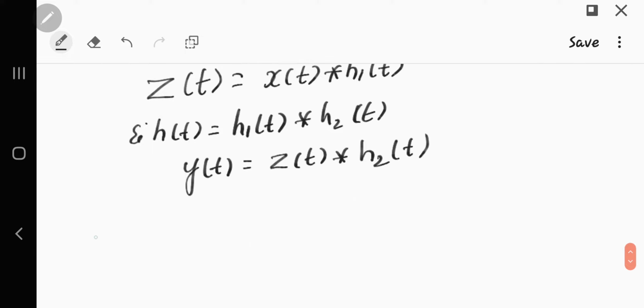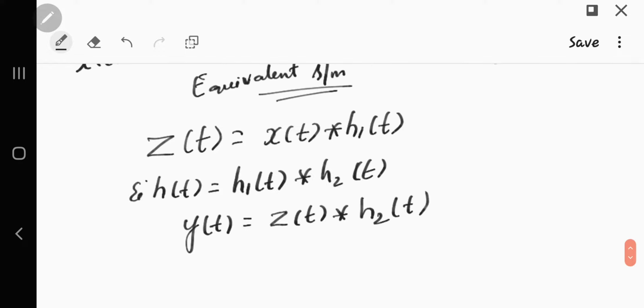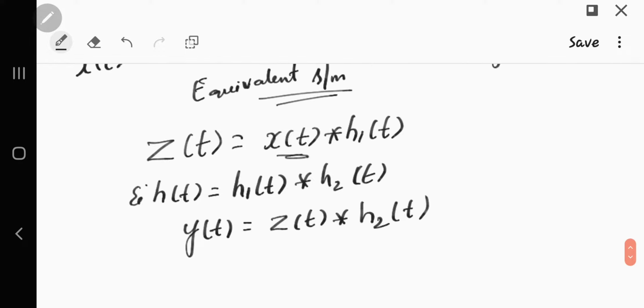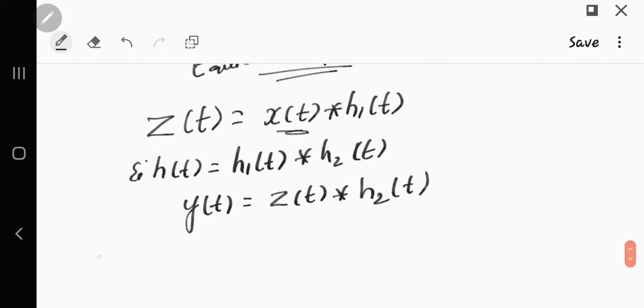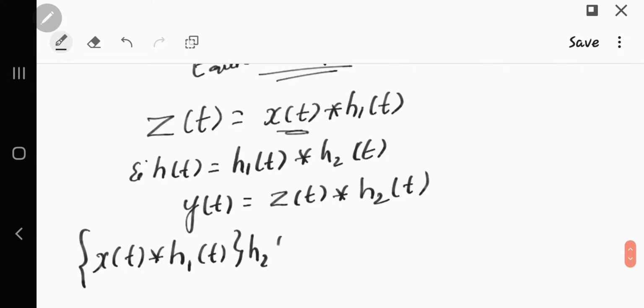So based on this, I can write here, z of t is what? X of t convolved with h1 of t, whole convolved with h2 of t. So this is obtained from the first connection, that is the system which is connected in cascade.